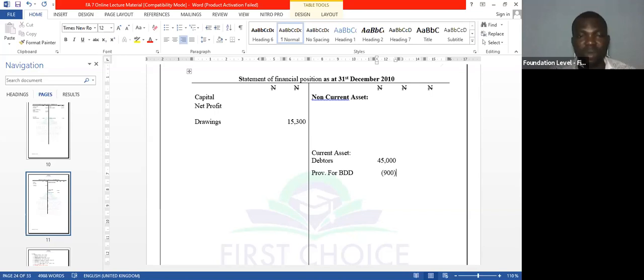Another one is the provision for discount allowed. Come back to workings. What is the provision for discount allowed? My provision for discount allowed is 441. So I come back here to my statement of financial position and I put provision for discount allowed there.